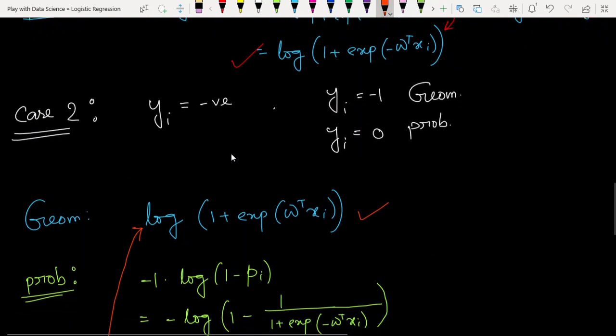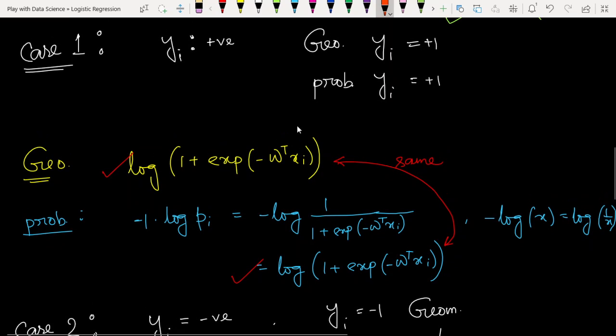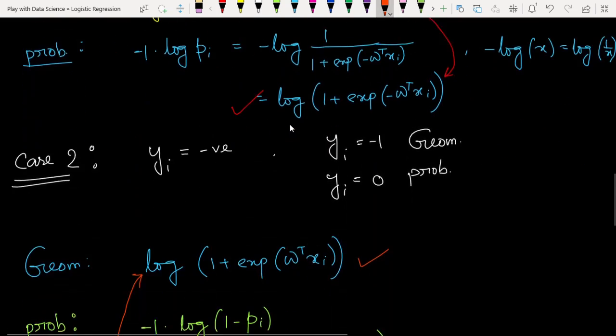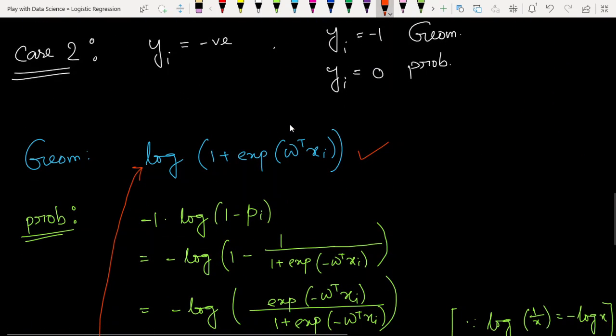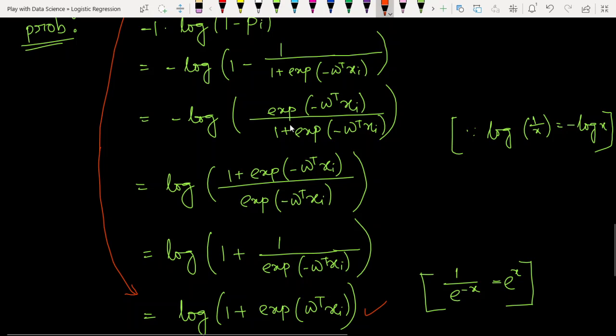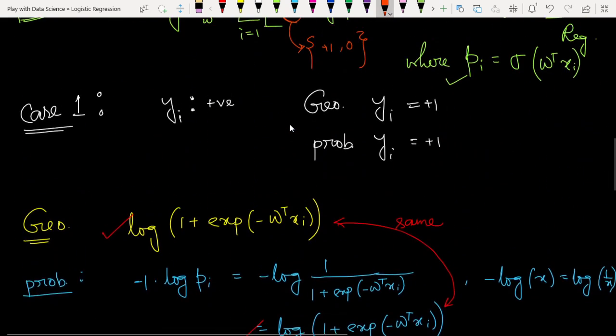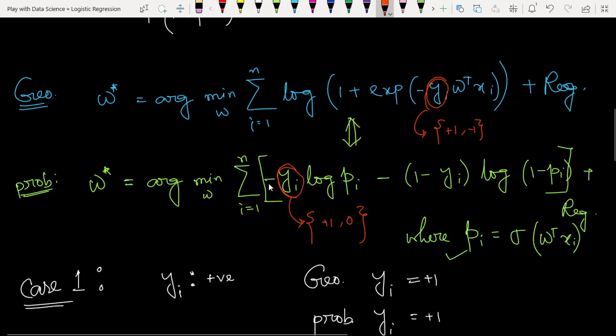Okay, so in case one, we see that if our y class label is positive, then the geometrical and probabilistic equations are both the same. And also in case 2, we see that if our class label is negative, then geometrically as well as probabilistically, both the equations are the same. So I think you will learn how both the equations are the same, just with different notations.